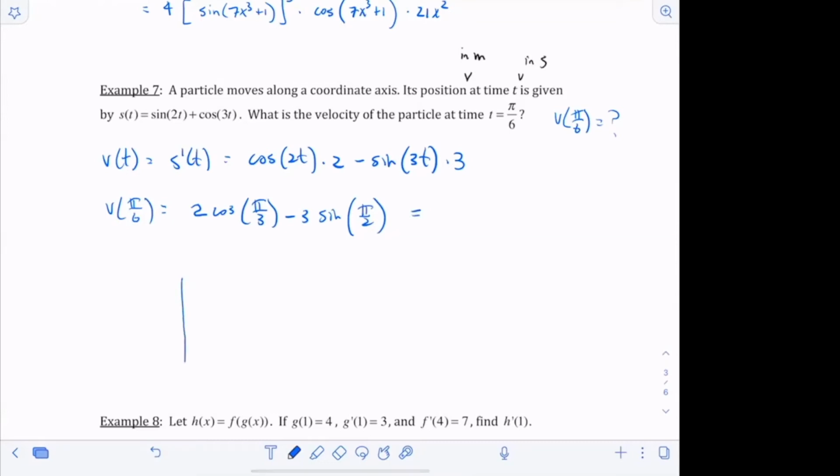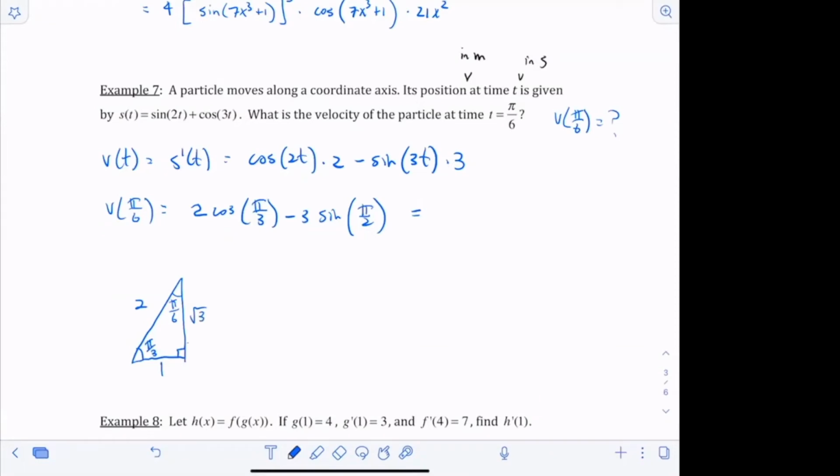So we could draw one of our standard triangles, the pi over 3, pi over 6, pi over 2 triangle. Remember, the shortest side is 1, the longest side is 2, and the one in the middle is rad 3.